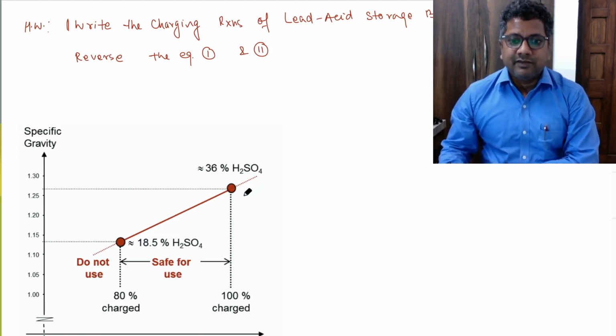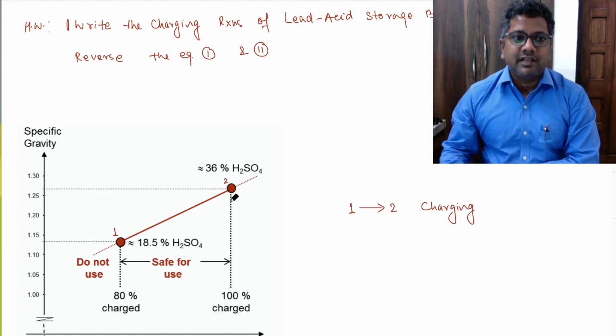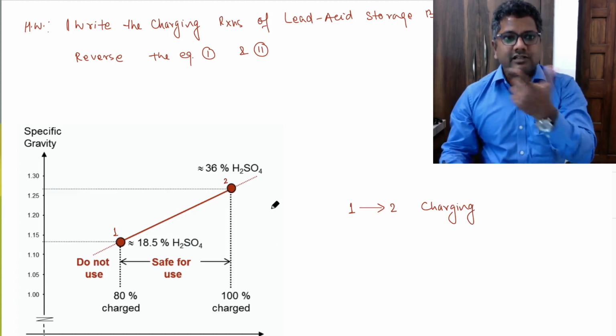So when discharging takes place, we move from here to here. We can write point 1, point 2. So 1 to 2 when you are moving, this is the charging state. Charging means now the density will increase, because of the reverse reaction.